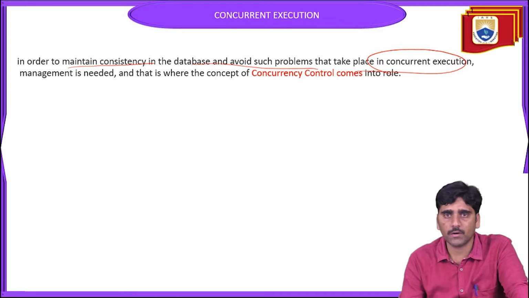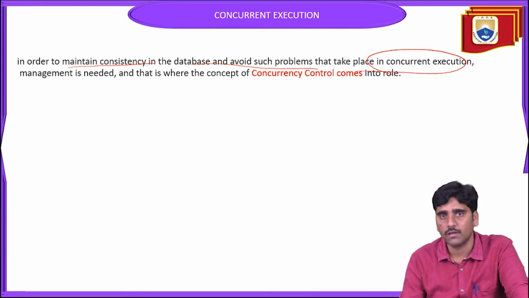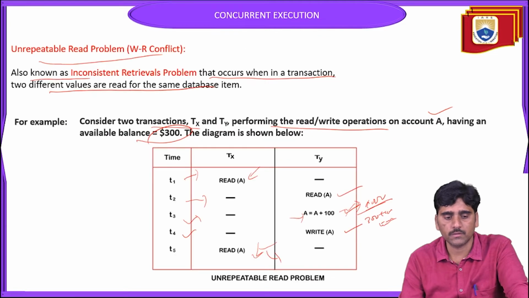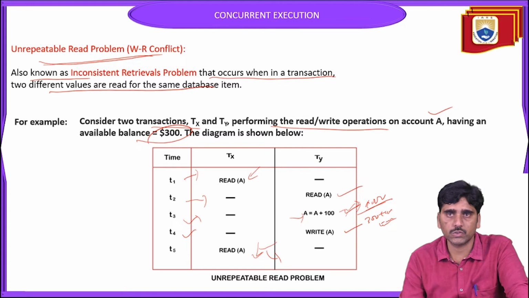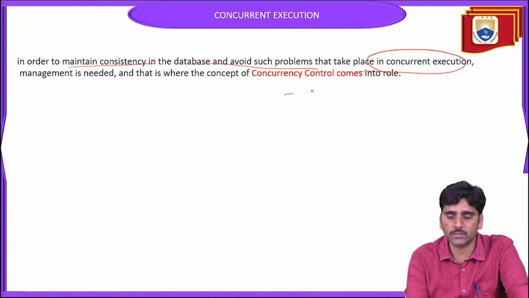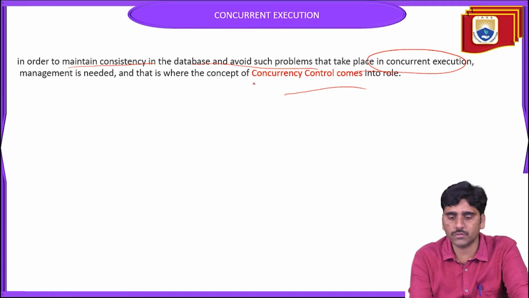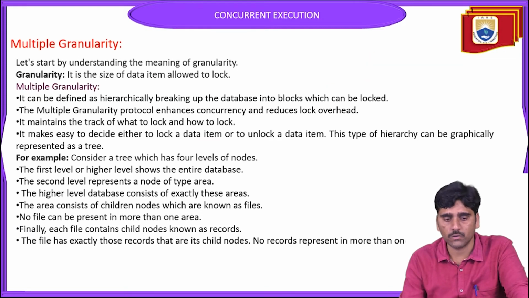One is the dirty read problem, the last update problem, or read-write conflict problems, that is, the unrecoverable retrieval problems, and the unrepeatable read problem. These are all the different types of problems that occur in concurrent execution. To avoid them, concurrency control comes into the role.